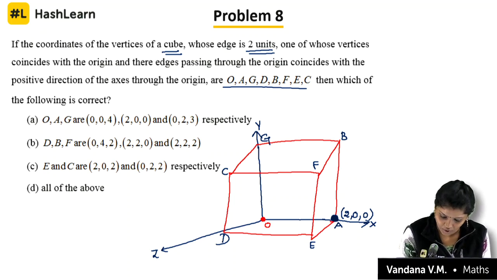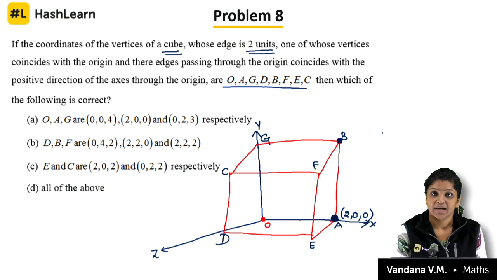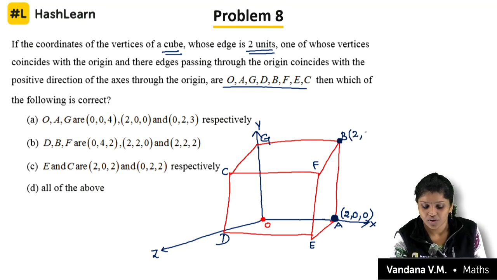Now write the coordinate points of B. Clearly you can make out the B point is in the xy plane. It is present in the x and y plane. So all the distance is same. The distance is same. So I can write 2, 2, 0.